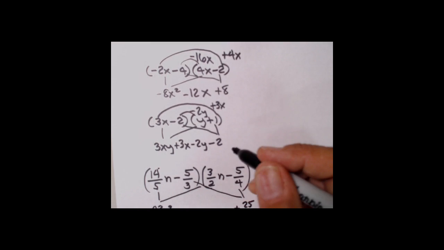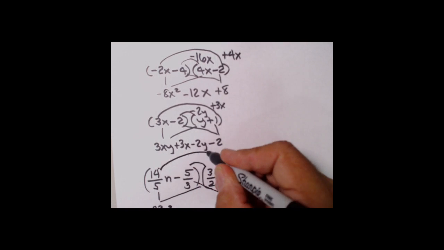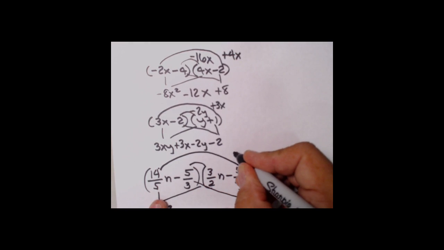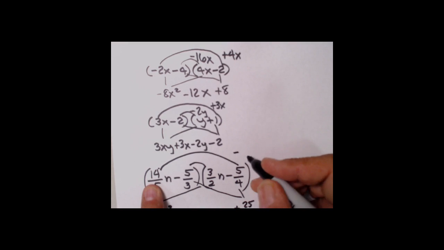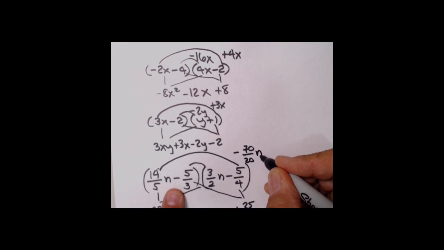Okay, now let's get the two rainbows. The big rainbow, the outer product, is going to be negative. 5 times 14 is going to be 70 upstairs. 4 times 5, 20 downstairs, and it's n.